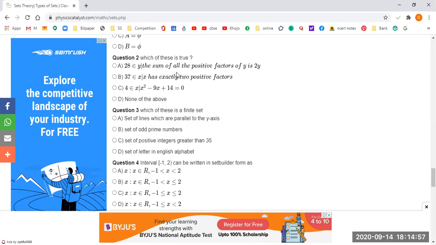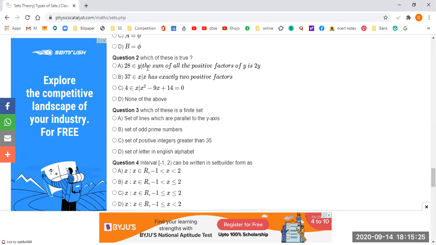Because first of all, 37 has two factors, which is 37 itself and 1. It's a prime number. So x has exactly two positive factors. That is true. But why not first and third? The third is wrong because we put the value and it is not equal to 0. Correct. What about first?